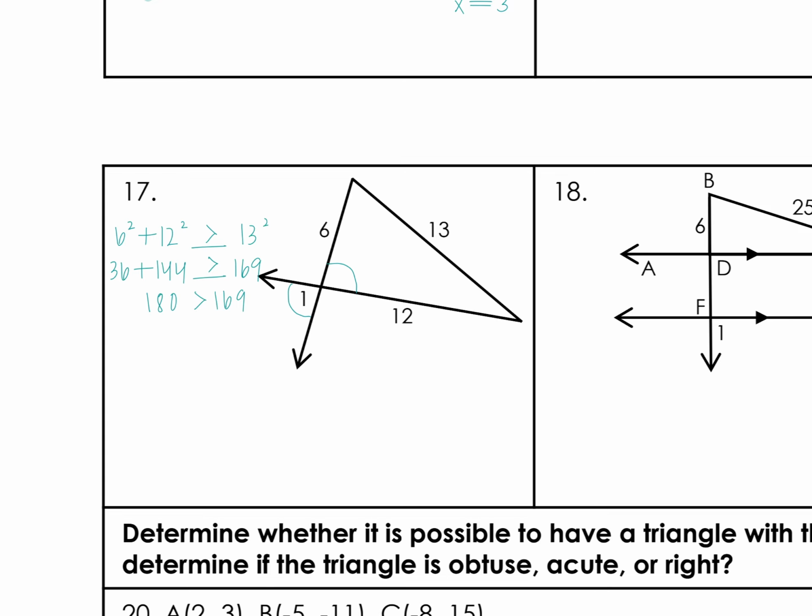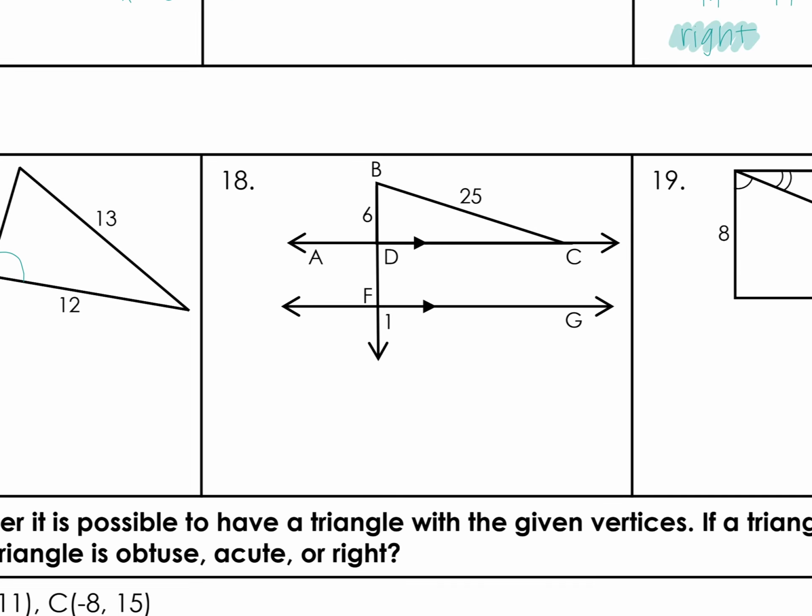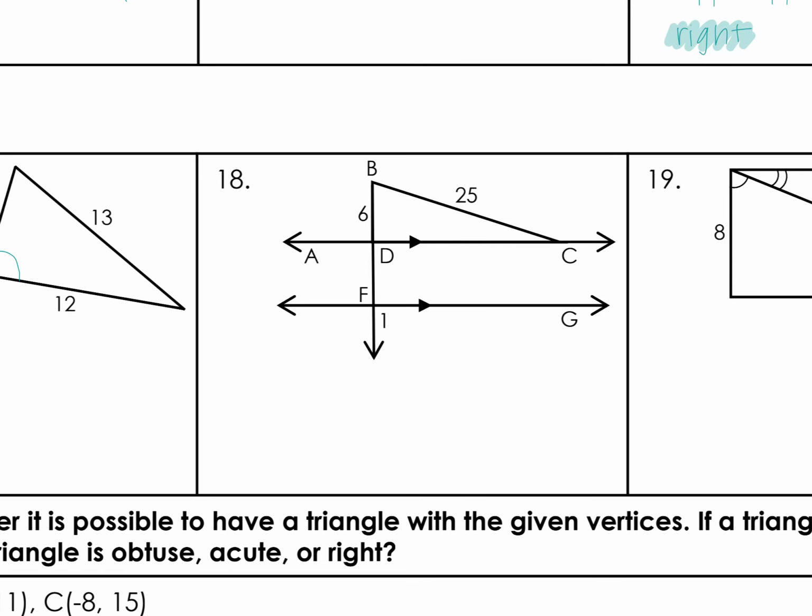So that means that this is going to be an acute triangle, which means that all of the angles are acute inside, and therefore the measure of angle 1 should also be an acute angle. Okay, moving into number 18.